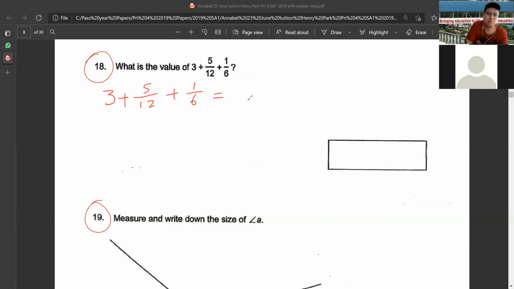Change to what? 3/3. 3, I should change it to how many? What is the LCM of the denominator? What is the LCM?